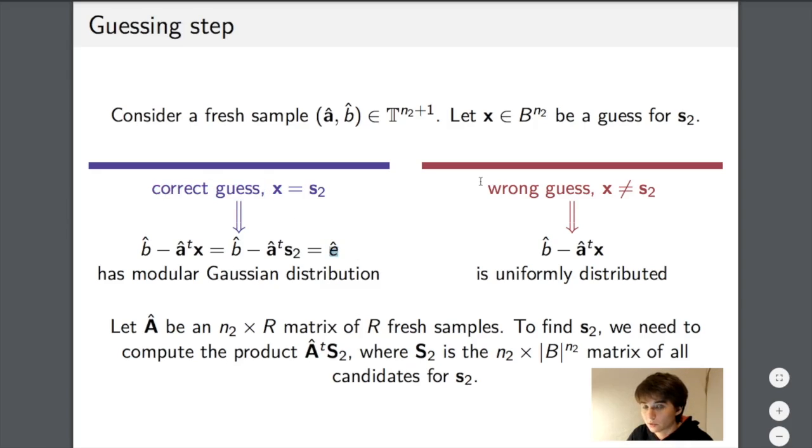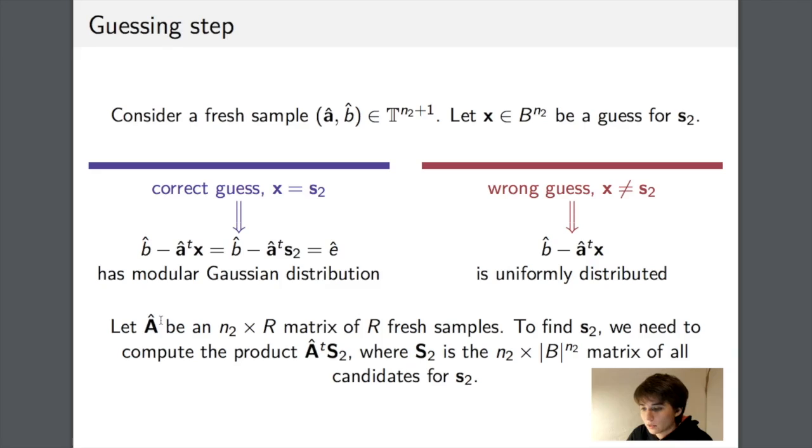Otherwise, if our guess is wrong, we'll just get something uniformly distributed. So again, the problem boils down to distinguishing the modular Gaussian distribution from the uniform. The guessing step works as follows. We compute the error e for all the candidates for S2 and return the candidate that produces the most concentrated around zero distribution.